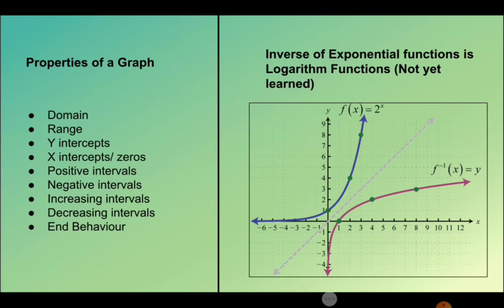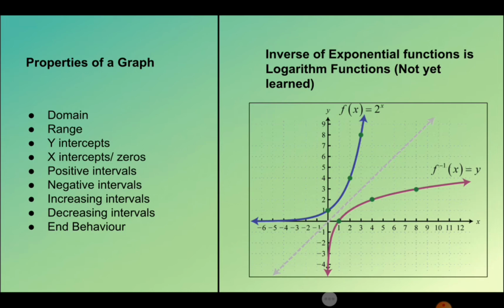X-intercepts are where your function crosses the x-axis. And then positive intervals are basically whenever the function is above the x-axis, and negative is whenever the function is below the x-axis. Increasing interval is whenever the function is increasing, and decreasing intervals is when the function is decreasing.